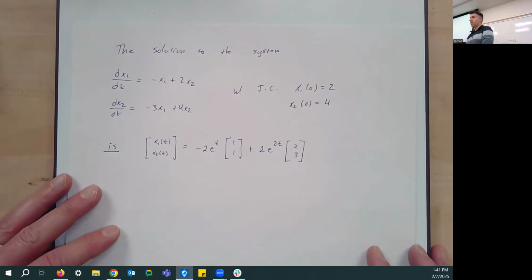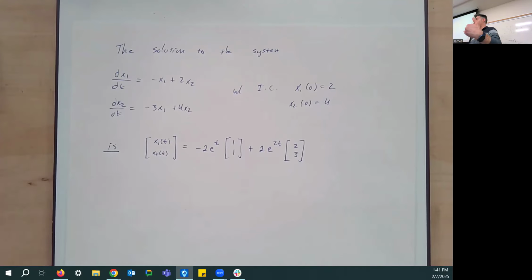The way you want to read this is just by rows. The top row is all one thing, the bottom row is all one thing.